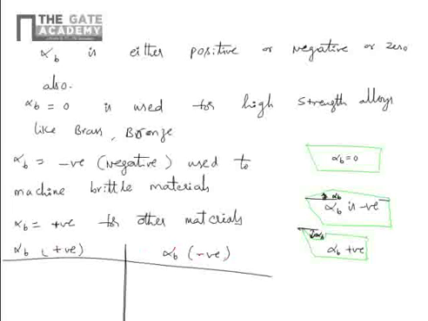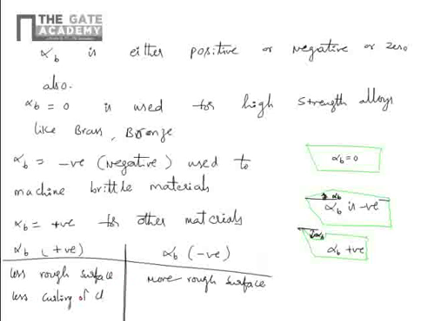Positive back rake angle: less rough surface, so surface finish is good; negative: more rough surface will be produced. Positive: less curling of chips; negative: more curling of metal chips.